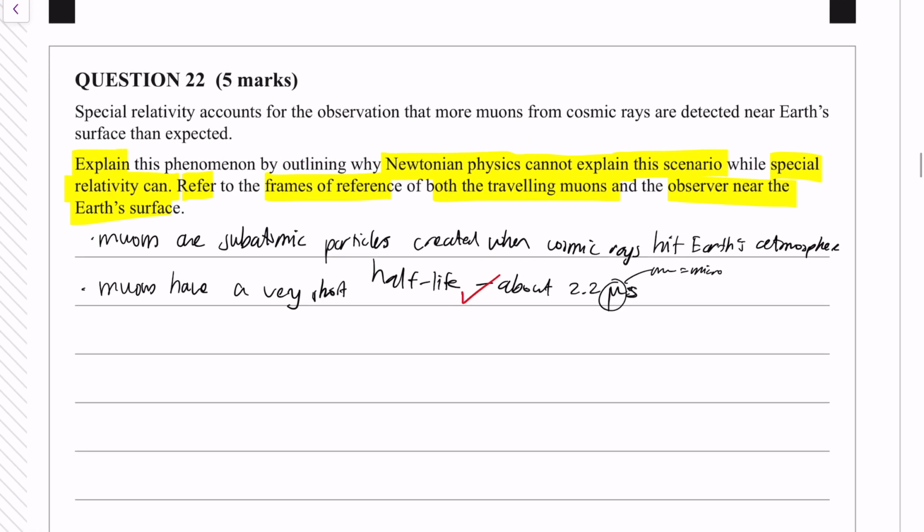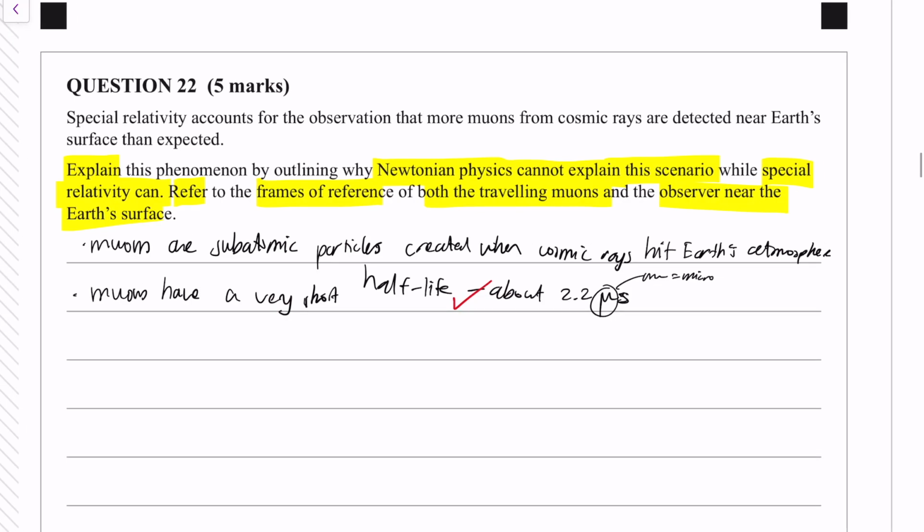The next mark you get is saying how Newton or Newtonian physics won't be able to predict correctly and accurately the scenario as above, right? The observation that more muons from cosmic rays are detected near Earth's surface than expected.